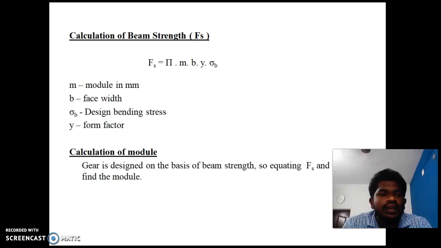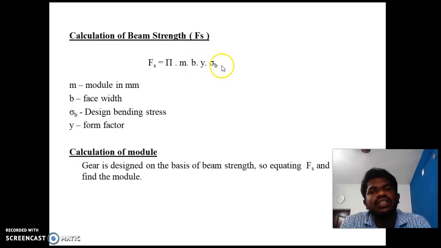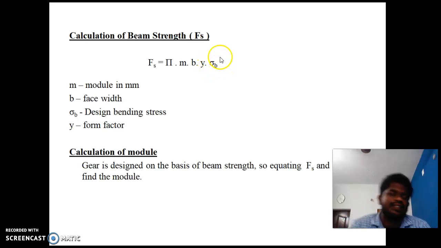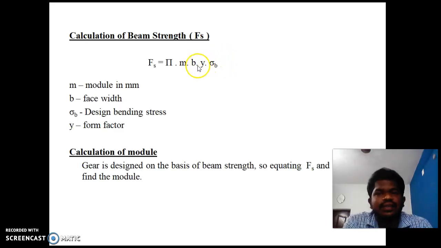So we are going to calculate the strength of the beam, or strength of each tooth on the spur gear. Here the formula is Fs equal to pi times m b y sigma b. Here m is the module of the gear, b is the face width, y is the Lewis form factor value, sigma b is the design bending stress.